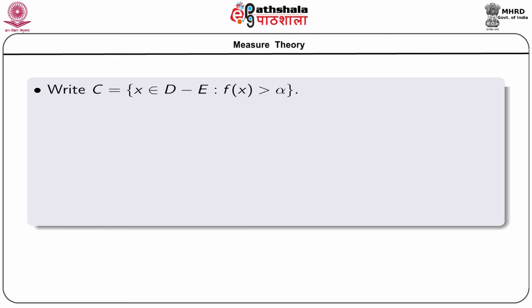Let us write the set of x belonging to D minus E where f(x) is greater than alpha as C. We first note that since all the points of discontinuities of f are in E, f is continuous at every point of the set C.